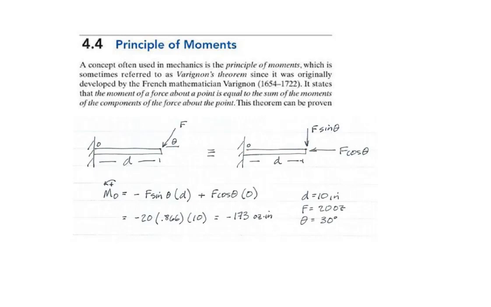Now, when the lever arm is 0, in other words, the line of action of this component is going through the point of rotation, the lever arm will be 0 in this case. If we put some distances in there and some values of the force and the angle, then you can see that the magnitude of the moment can be calculated easily.